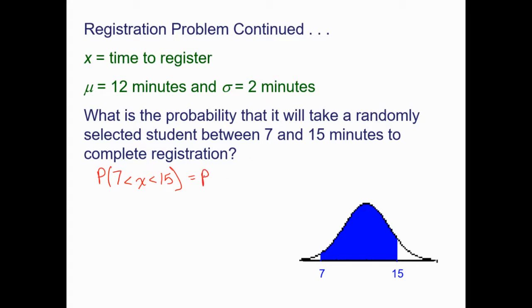So I need to standardize my 7 and my 15. So I'm going to do 7 minus 12 over 2, which is less than Z, which is less than 15 minus 12 over 2. Okay, so what do I get for my first value?